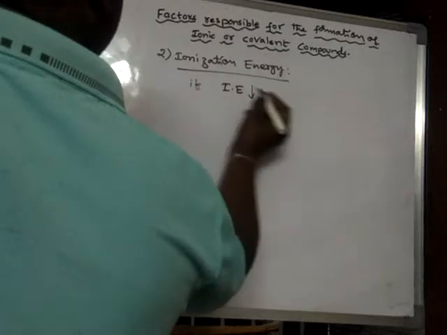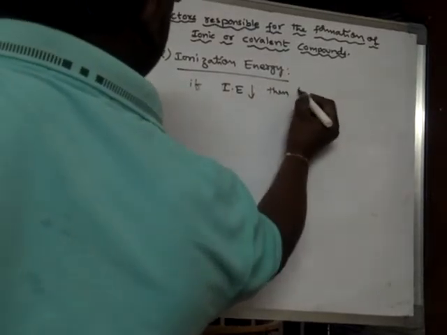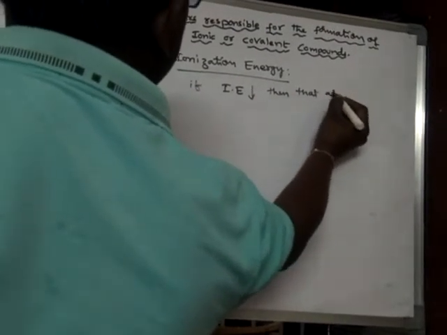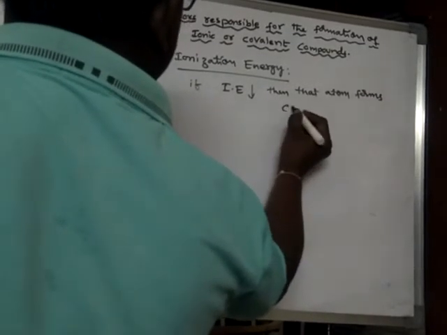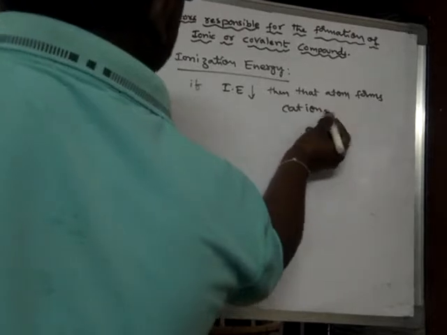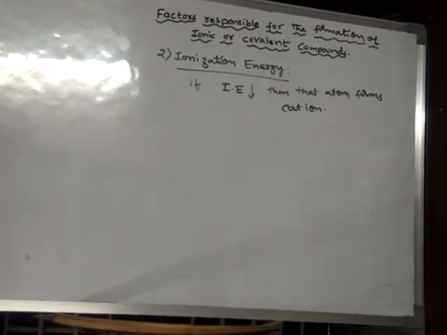If ionization energy is less, then that atom forms what? Cation. If ionization energy is less, then that atom forms cation.